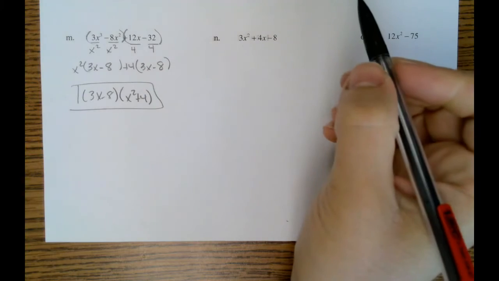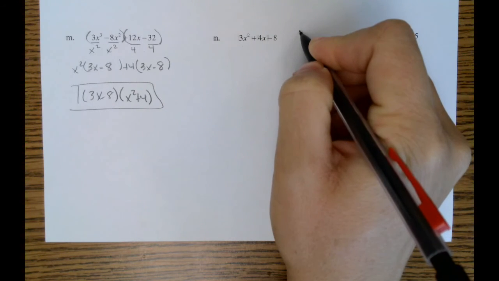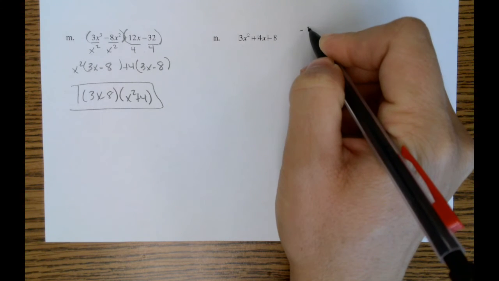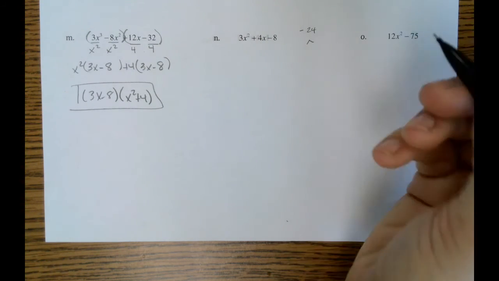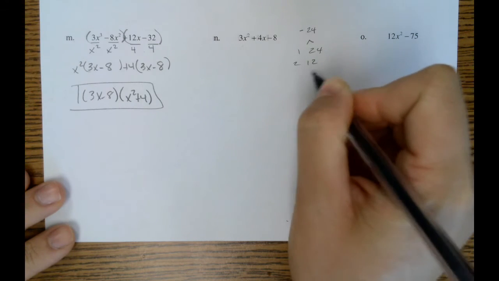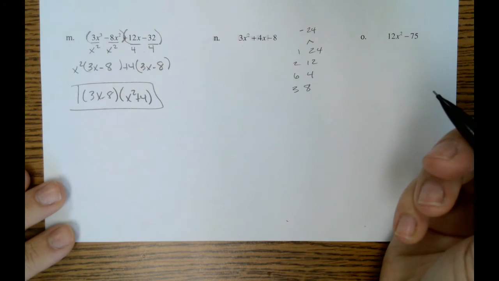All right, letter N. Let's go ahead and do split the middle. 3 times negative 8 is negative 24. So let's see, 1 and 24, 12, 6 and 4, 3 and 8.